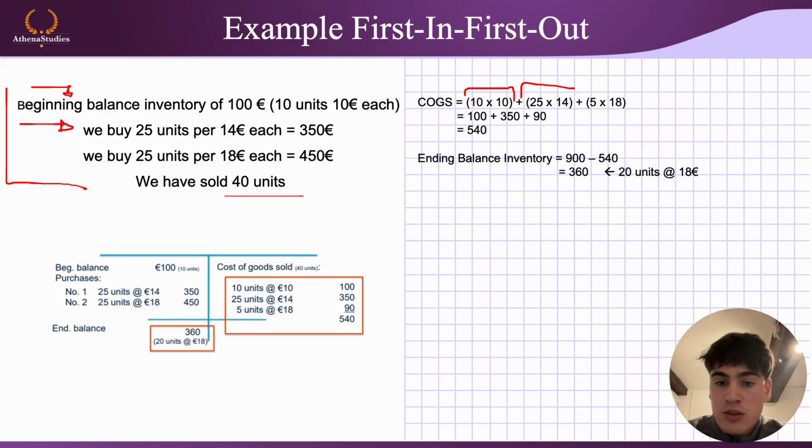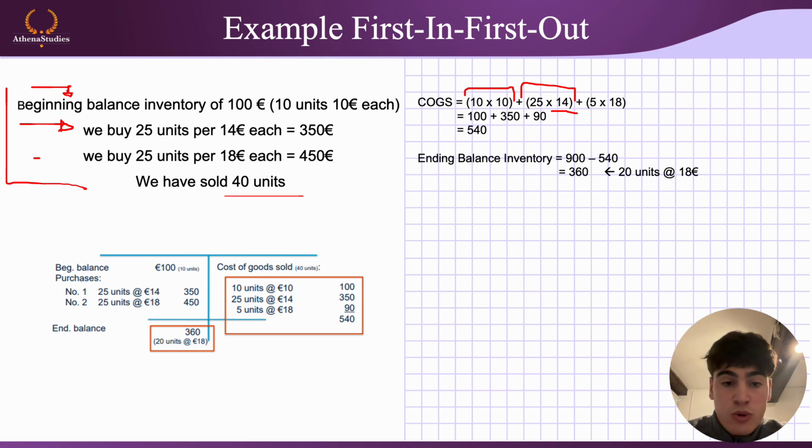So we will also sell the 25 units we bought first, at their price: 25 units for 14 euros. However, we also need 5 more units to reach the 40 units we are selling.